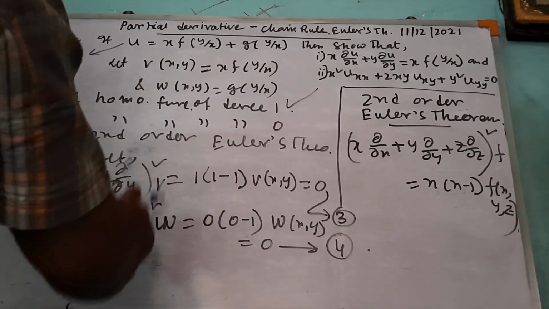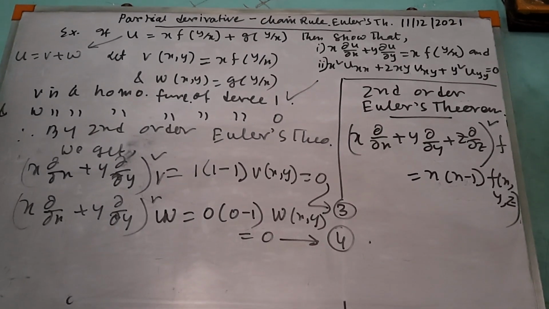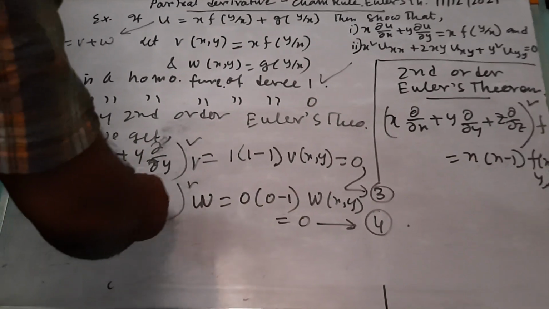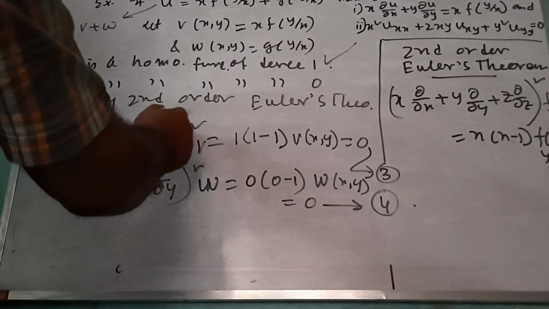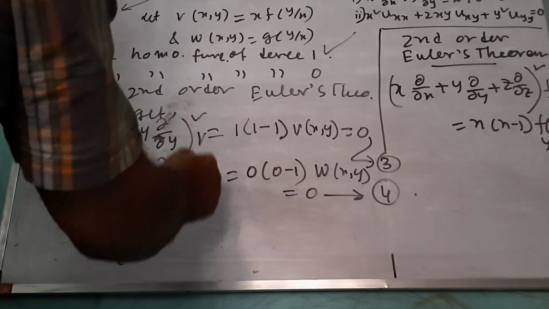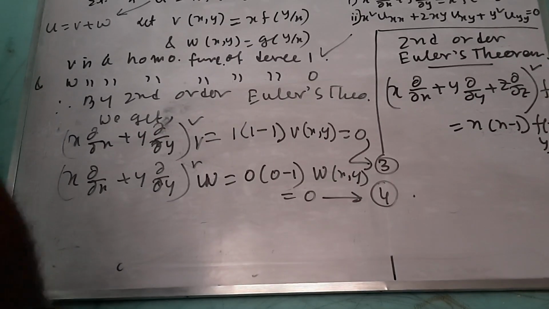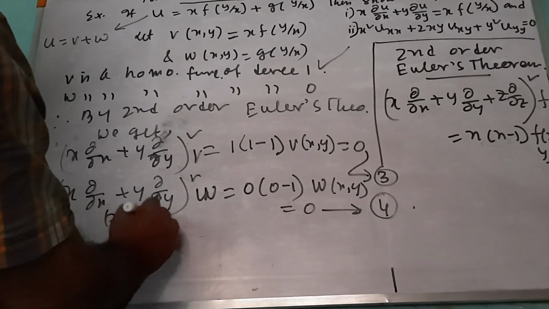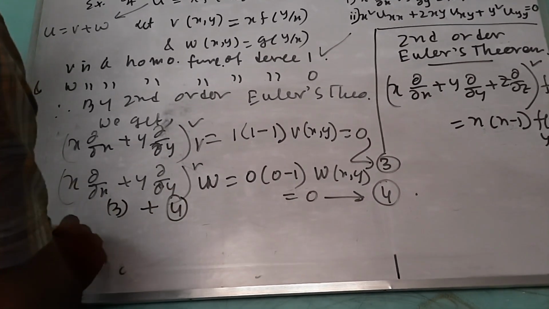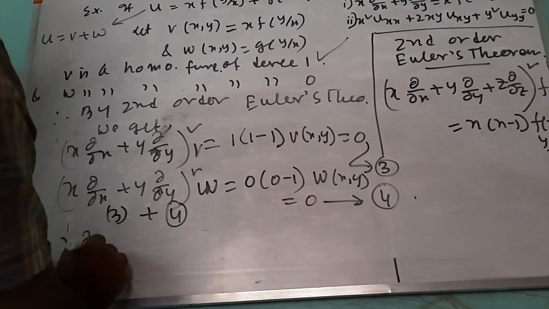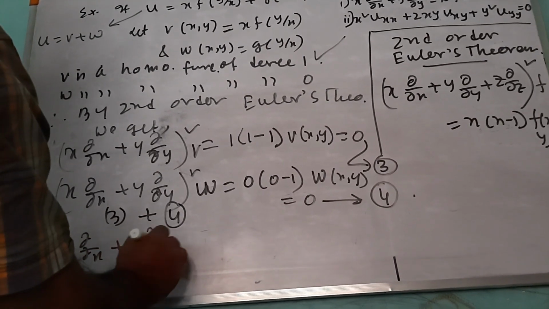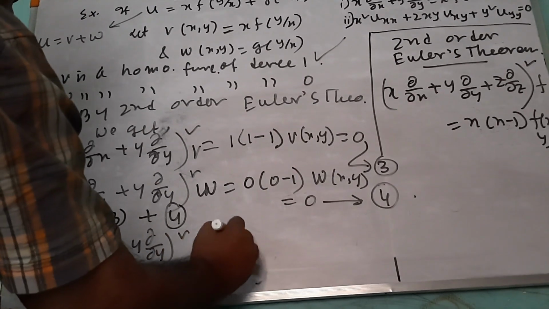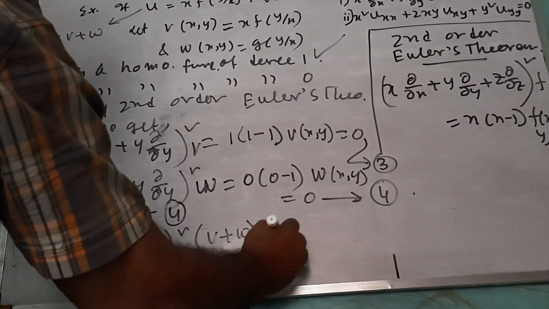If I add these two, that is adding 3 and 4, we can take the common part (x ∂/∂x + y ∂/∂y)² out, and within the bracket it will be v plus w. So we get (x ∂/∂x + y ∂/∂y)² (v + w) equal to 0.